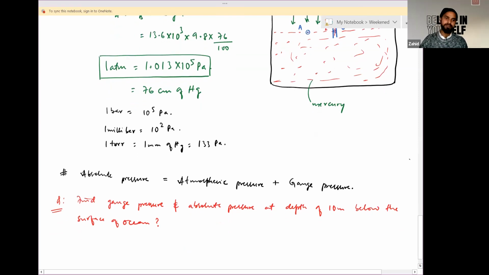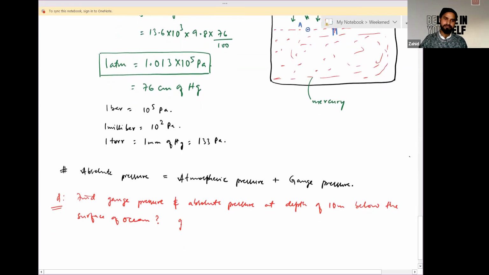Take the value of gravity to be 10. Try to find. Put the formula. Put all the values.